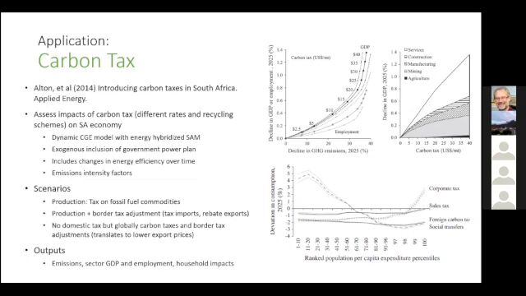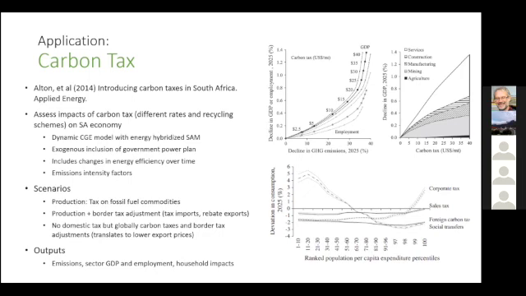The first one that I'll be looking at is the impact of a carbon tax. This was a paper developed by Alton and others, and specifically it looked at introducing a carbon tax in South Africa. It assesses the carbon tax at different rates and using different recycling schemes on the South African economy.